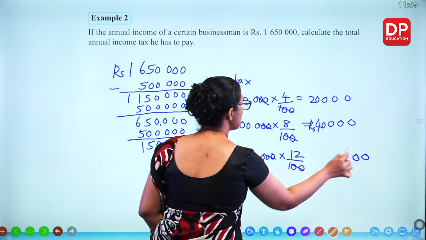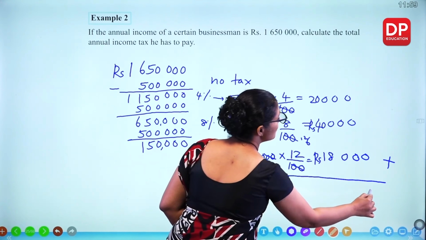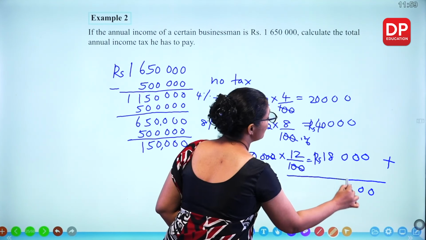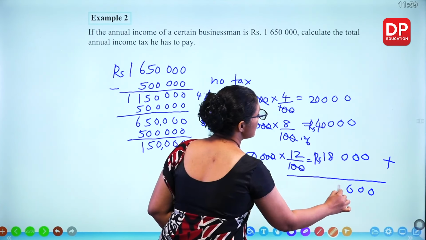So what's the total annual income tax value? You have to add all these tax values. So you get 0, 0, 0, 8. 4 plus 1, 5. 5 plus 2, 7. So 78,000 you have to pay for the annual tax.